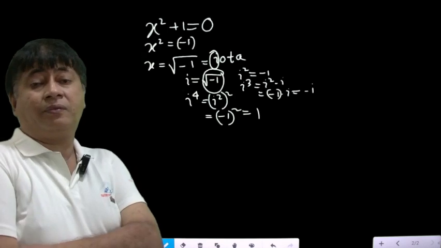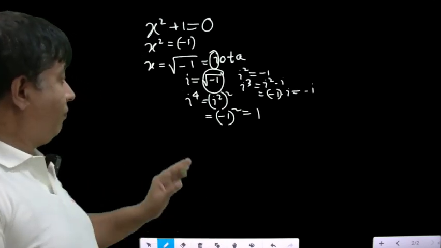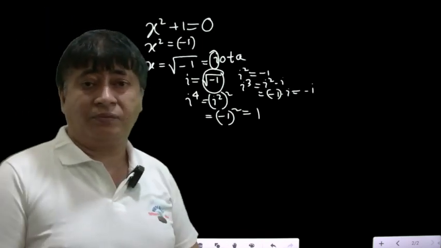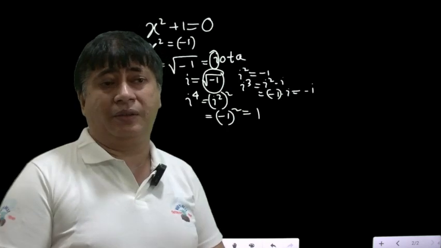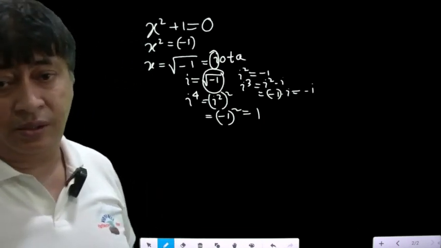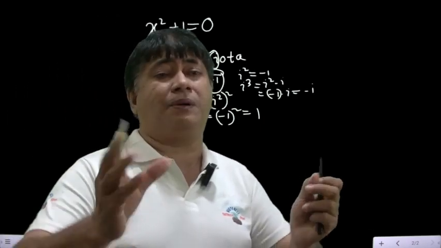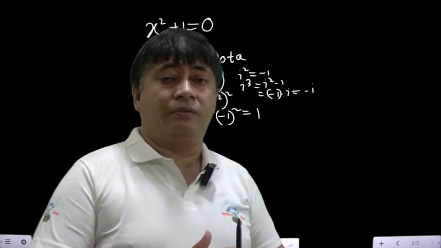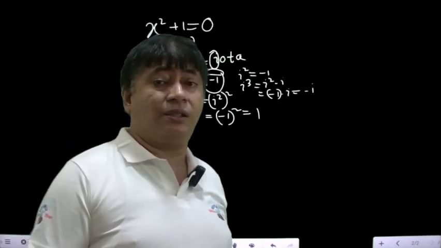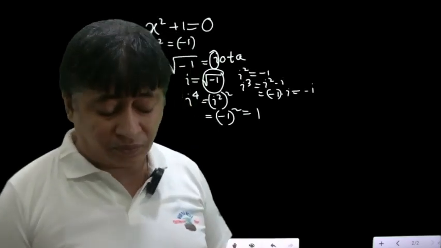Now, complex number can be compared to the subconscious mind of us. Suppose you have seen a person, you are observing that person's activity in real life.